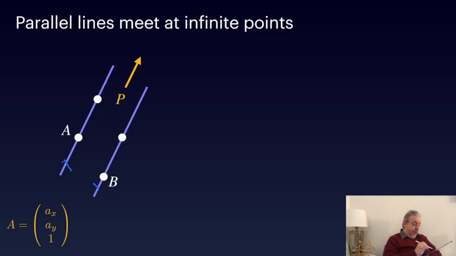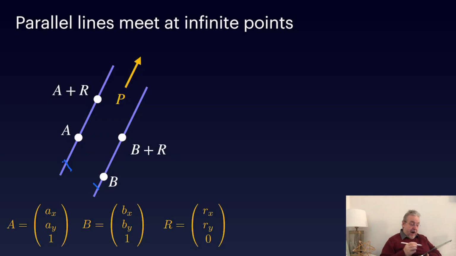We have a point A and a point B in standard embedding, and a shift vector R, such that if we add Rx and Ry to the coordinates of A and B, we get those shifted points.